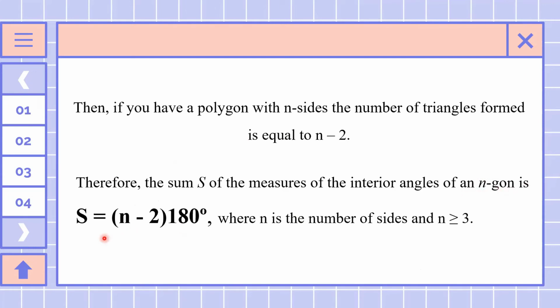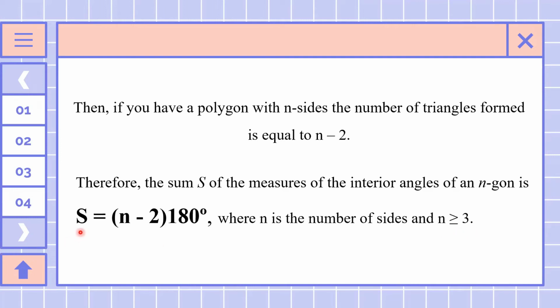So, what we will use is S, the sum of the measures of the interior angles, is equal to the quantity of n minus 2 times 180 degrees, where n is the number of sides and n must be greater than or equal to 3. Alright?